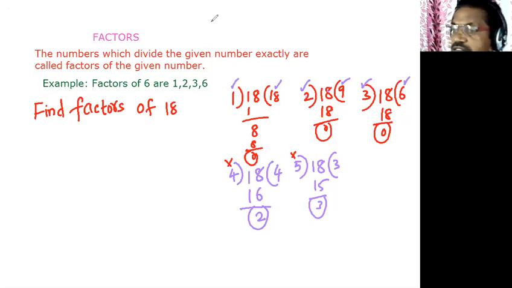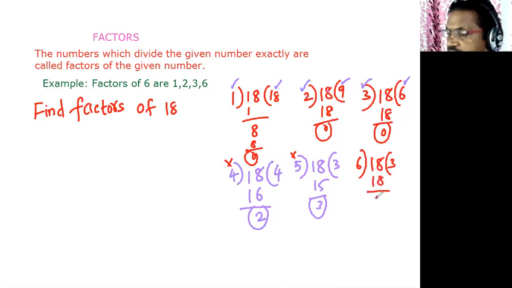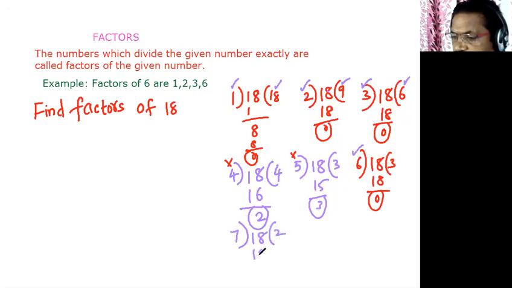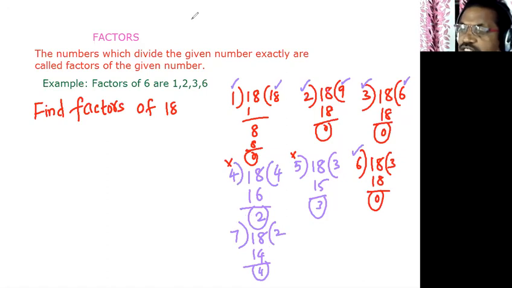Now let us take 6. 6 times 3 is 18. Remainder is 0. So 6 is a factor of 18. Now take 7. 7 times 2 is 14. 4 is the remainder. So 7 is not a factor of 18.